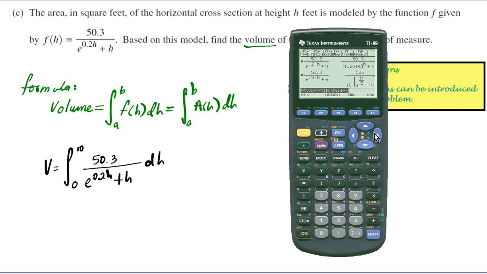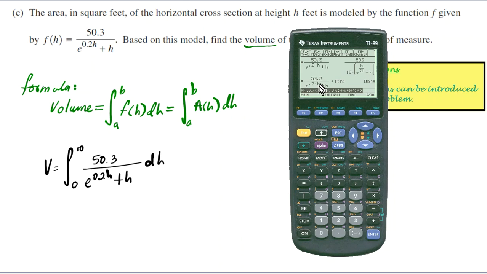Anyway, what I'm going to do now is store this function into f of h. Okay, so store it as alpha f of h. Enter. Alright, so there you have it. Just take a look at what you stored. Focus on the left side because sometimes the calculator rewrites whatever you entered into a format that it likes.